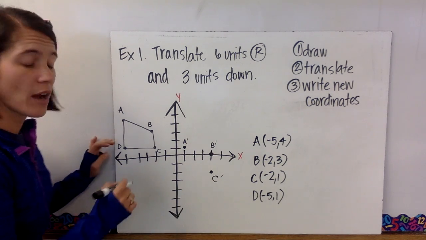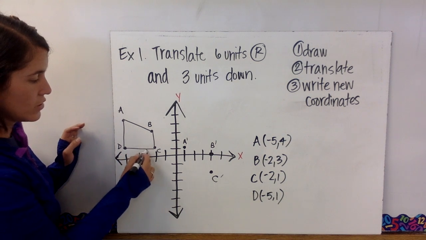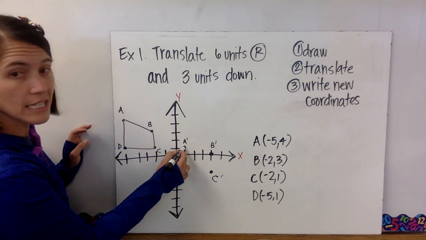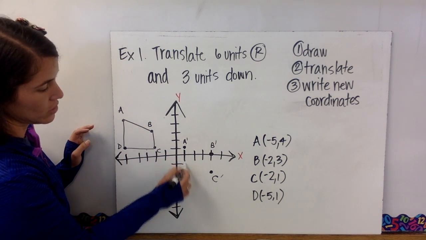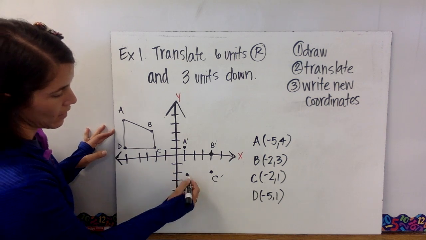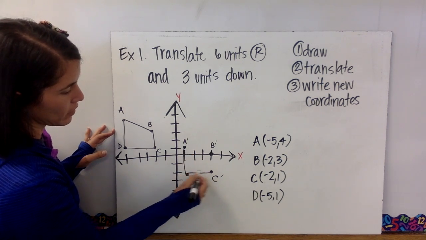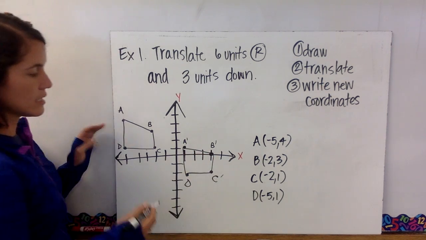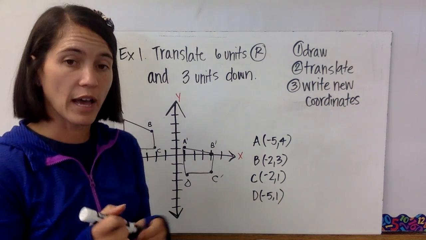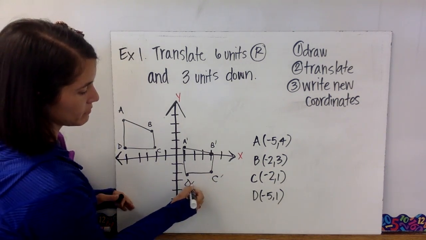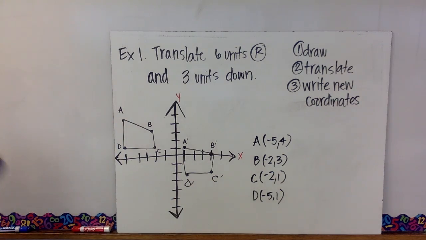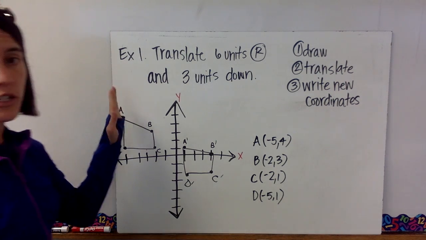And then D prime, 6 units to the right, 1, 2, 3, 4, 5, 6. 3 units down, 1, 2, 3. If you have graph paper, it might be helpful to use it, but I've shown you D prime. Now I have translated my figure.